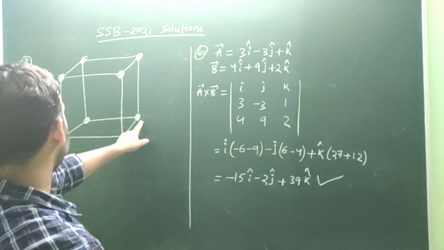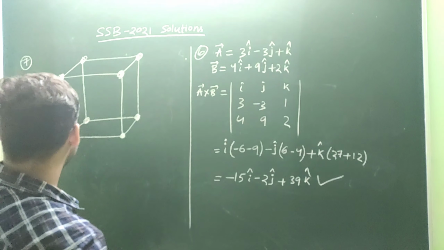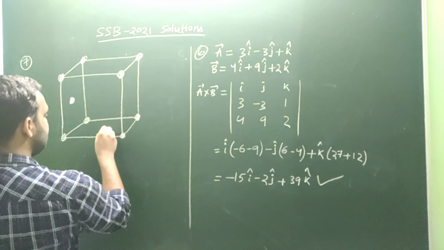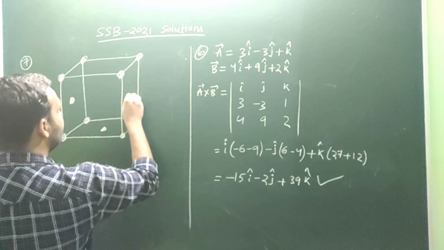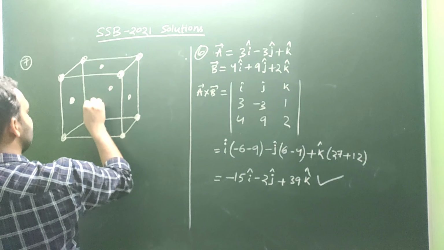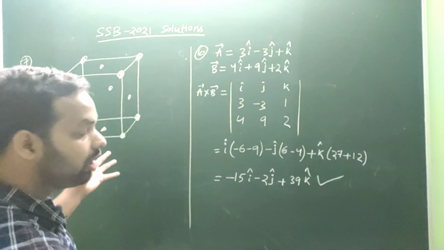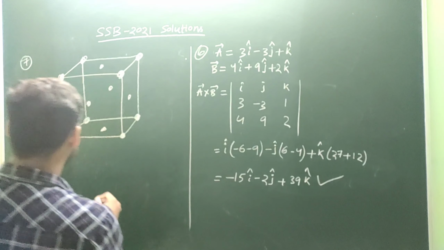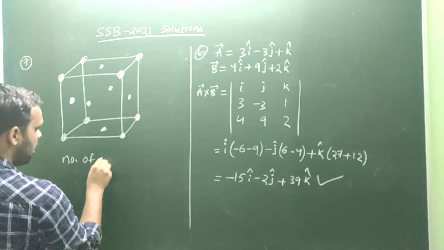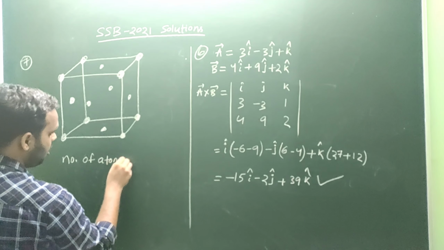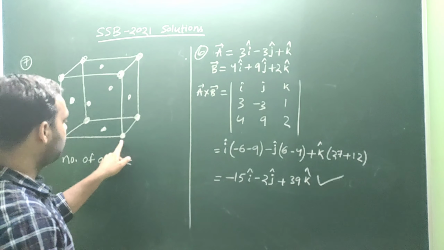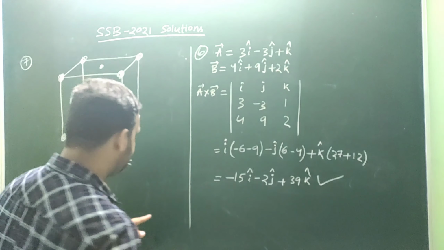One, two, three, four, five, six, seven, eight. Yeah, and at the center of each face, this is one face, this is second face, this is third face, this is fourth face, this is the back side face, and this is the front side face. And if you calculate the number of atoms, then each corner atom will contribute 1 by 8.